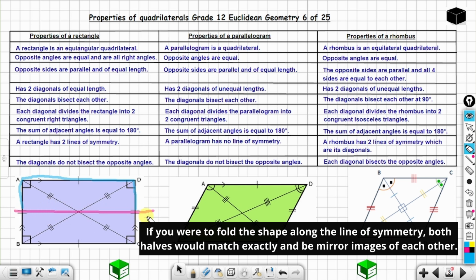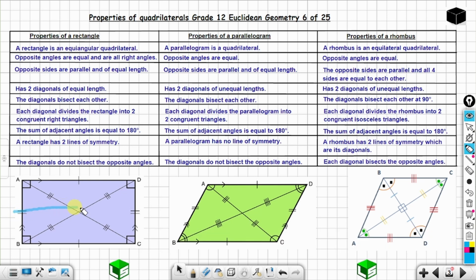This is one line and another line, this one. Okay, I'm going to have this part on top of this part if I fold about this line. Okay, so two lines of symmetry for a rectangle.